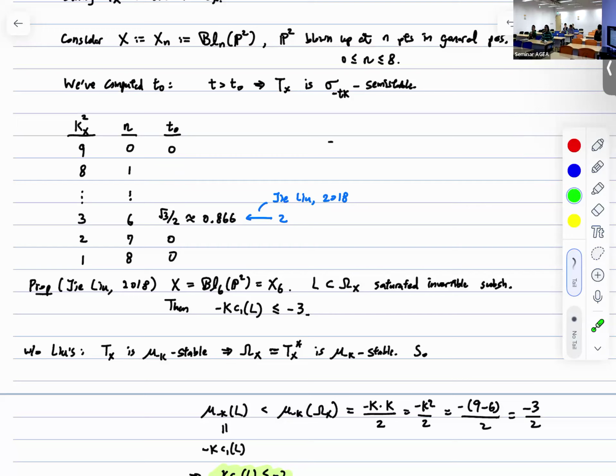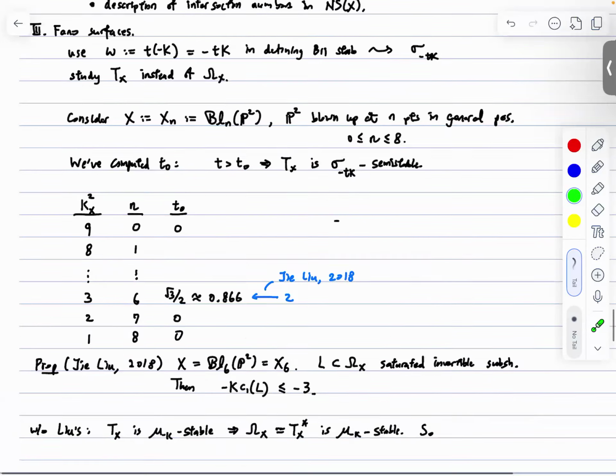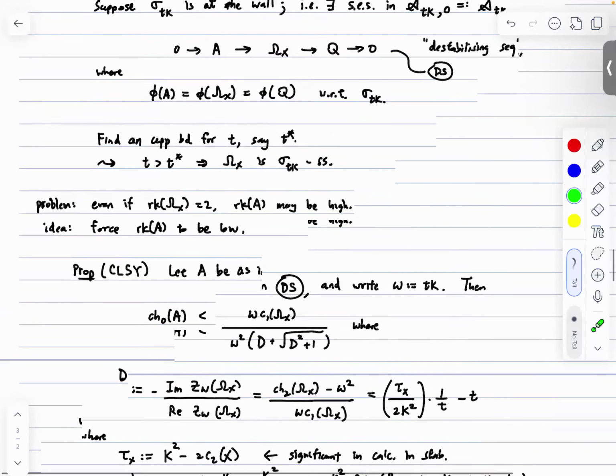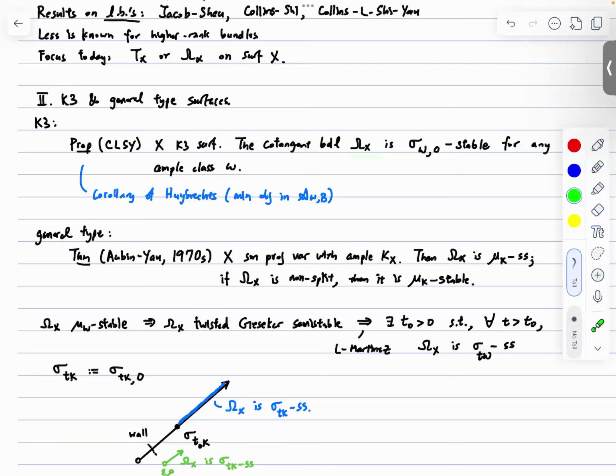Do you have similar results for other types of surfaces, or are you planning to do that? Right. So for K3, we feel like the cotangent bundle is always Bridgeland stable for any ample class.